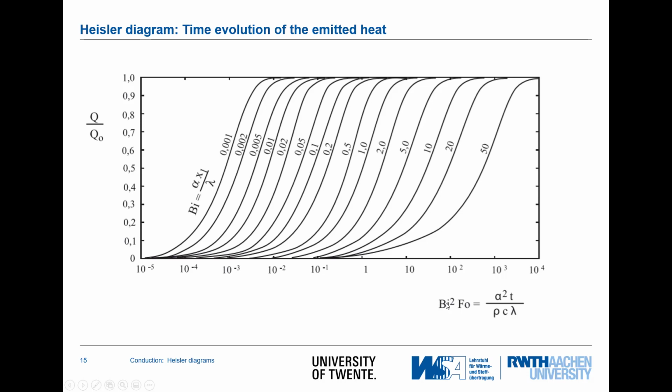So we have the influence of the external resistance in this scale, and we have the influence of the temperature diffusion into the object towards the temporal temperature transport. So having these two values and now looking at different resistances or different values of the Biot number, we can again have curves that describe the process, how the heat is released from the object.